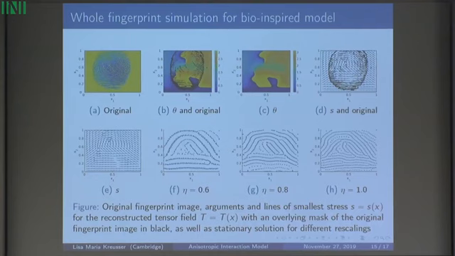And by rescaling the forces appropriately, we are also able to obtain different distances between the lines, and that's how we can produce any type of patterns using this approach.